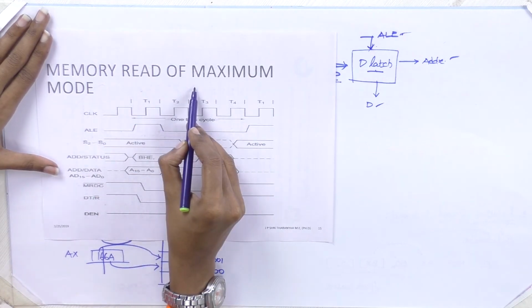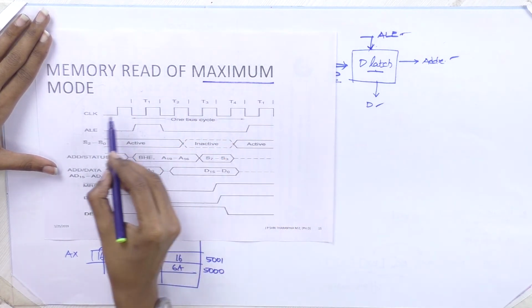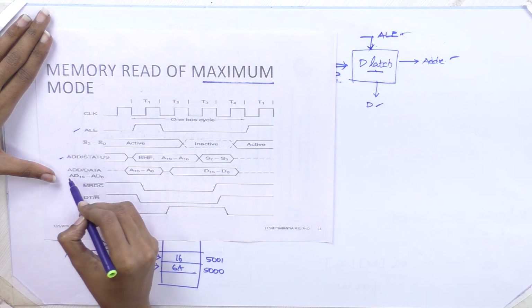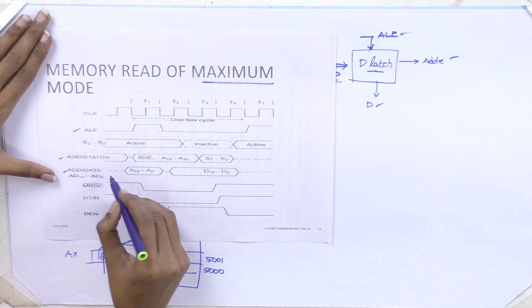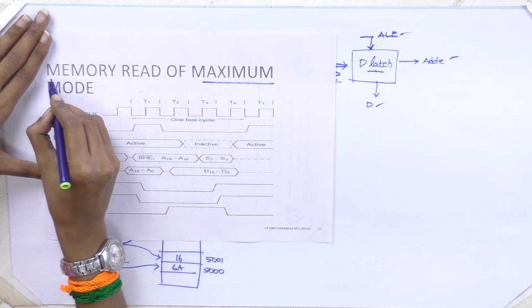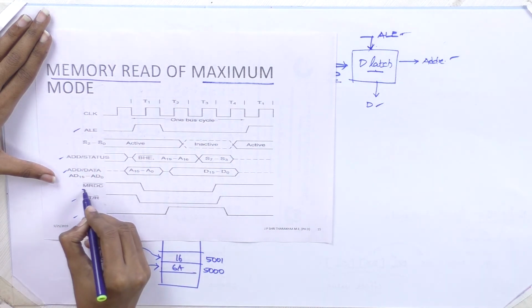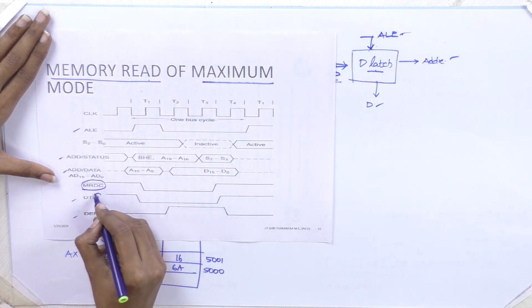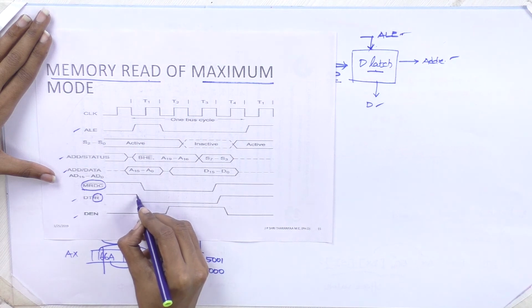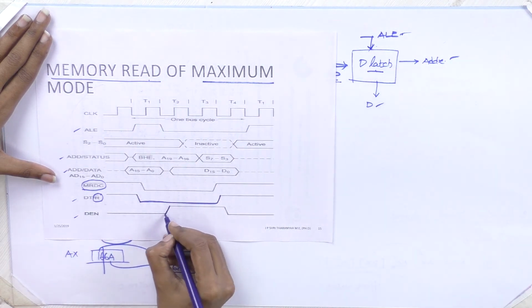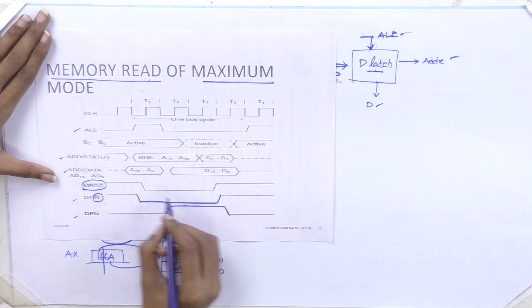So this is the memory read timing diagram of maximum mode. Here also the same: address latch enable, higher address, address and data, DT/R bar, data enable. Since we are performing memory read, this control signal is utilized. So this should be low, and at that time data should be enabled to read address lines.